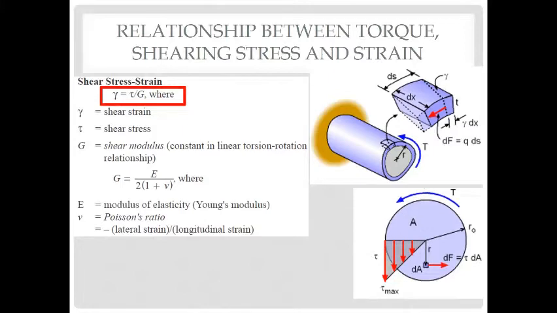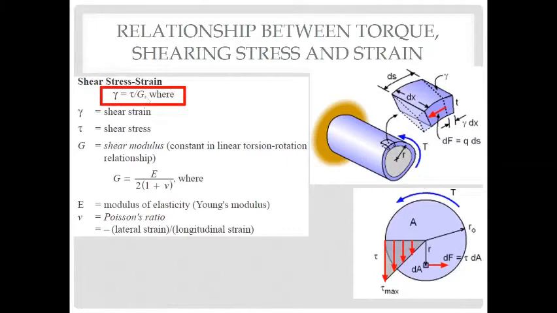We can also look at Hooke's law for shear stress to shear strain, right? So the proportionality constant would be G, which is the shear modulus or modulus of rigidity. So therefore, shear strain is equal to shear stress over G, right?